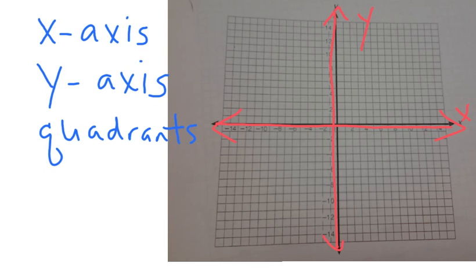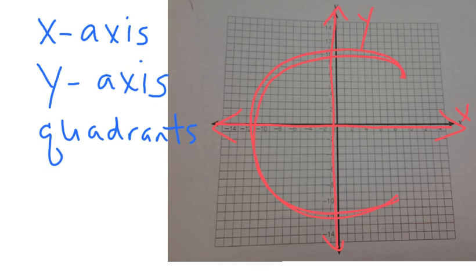Now, there are also 4 quadrants. The way I remember which one is which is I remember this is called a coordinate plane or a Cartesian plane. And if I took the letter C and drew it on top of this, it would be like this. Because you always draw C here and you go this way.